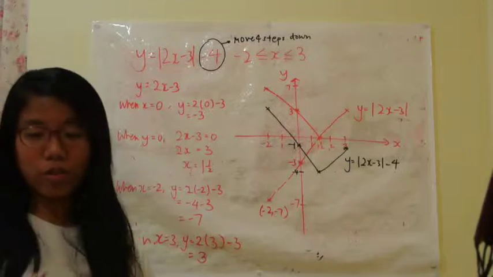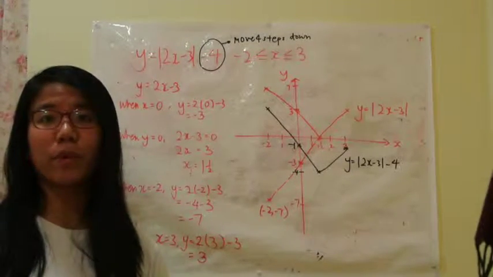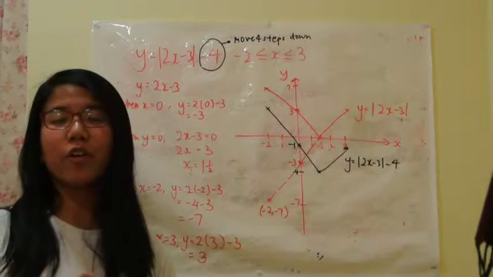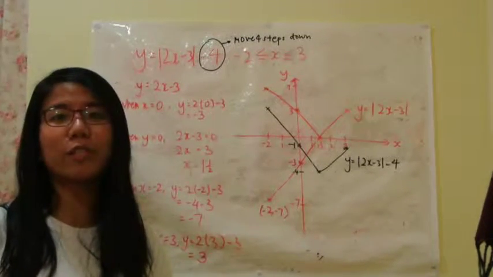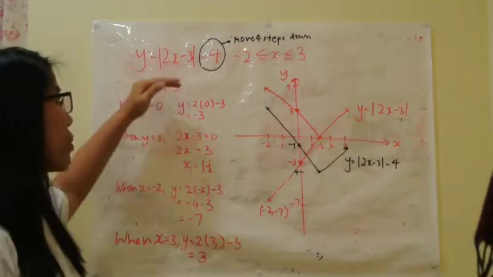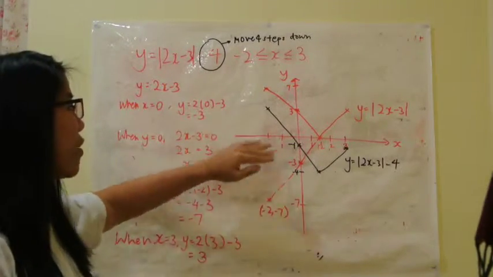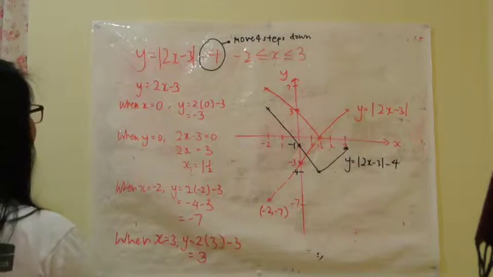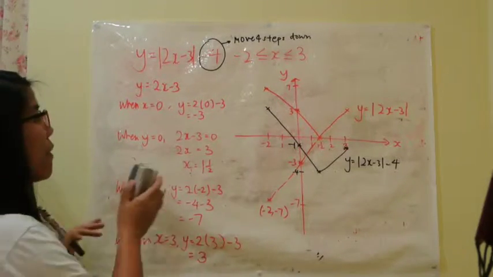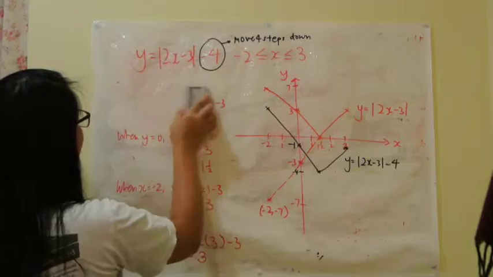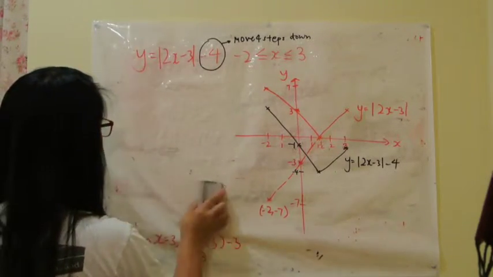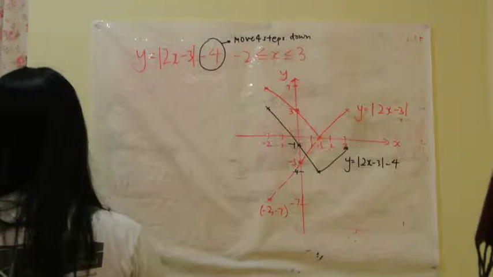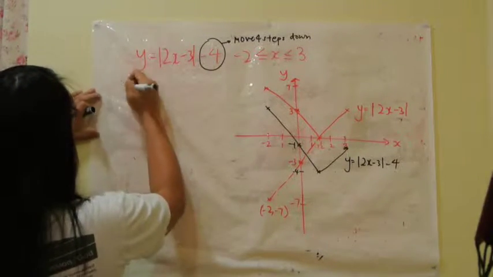Now they ask you to find the corresponding values of y. Some of you ask, for mod graphs, will your minimum value of y always be 0? Not in this case, because right now for mod 2x minus 3 minus 4, we want to figure out what the minimum value is. I'm going to erase this off, and let's try and find the corresponding range of values of y.